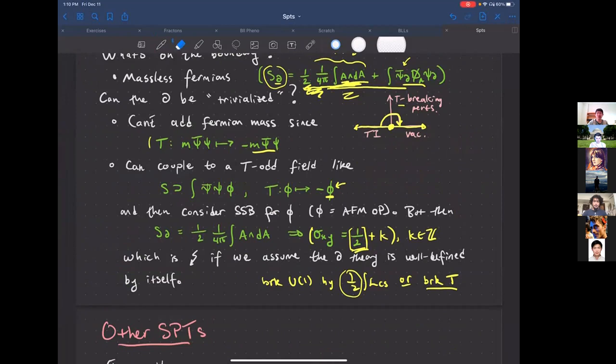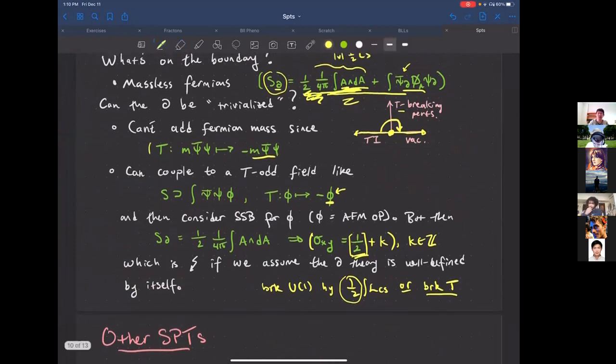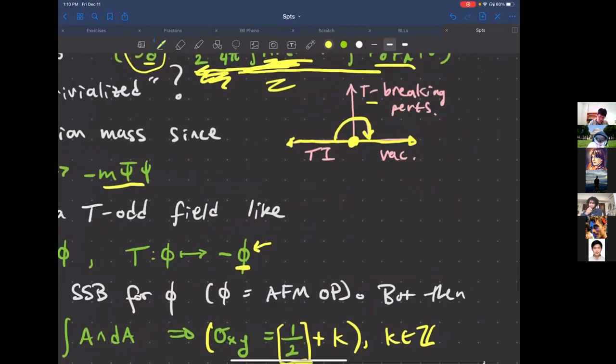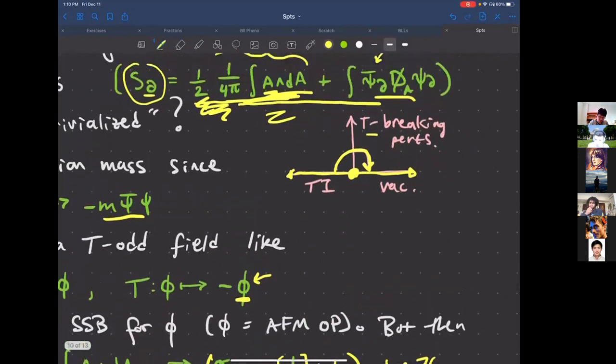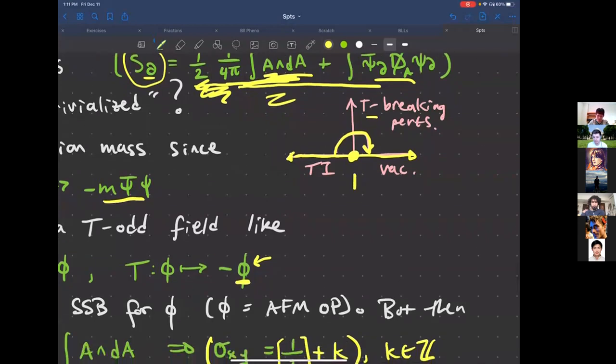So you drew this, okay, this is probably a naive question. You drew this point that prevents you from going smoothly from topological insulator to vacuum, right? So this is a topological phase transition, right? Or what is this point? Well, this point is just a massless Dirac fermion. So when I said smooth, I just mean don't close the gap.